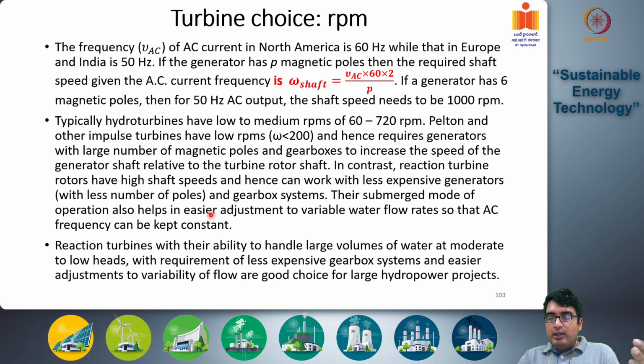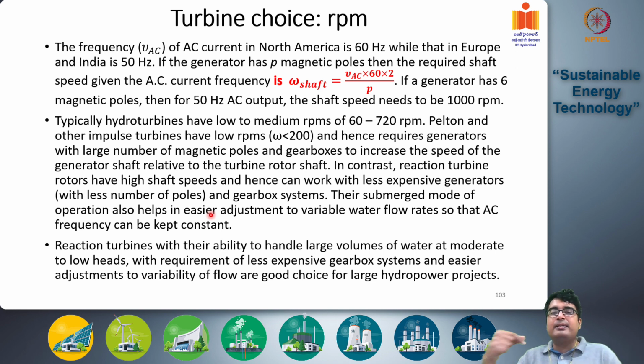That is all that will happen in an impulse turbine, where you are using a nozzle to impel the water onto a rotor within basically an air filled turbine system. Correct. Here it's a submerged system, so the changes in water flow affect the turbines less and you can control it more easily.